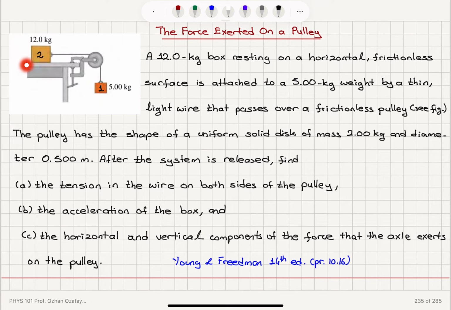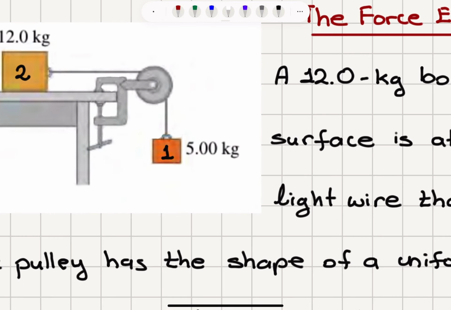Now this mass M2 is 12 kilograms. It's on a frictionless horizontal surface, and it's only under the influence of this tension on the x-axis. So we want to know the tension in the wire on both sides of the pulley, the acceleration of the box or this mass, they accelerate together, and the horizontal and vertical components of the force that the axle exerts on the pulley. So these components I can also show here.